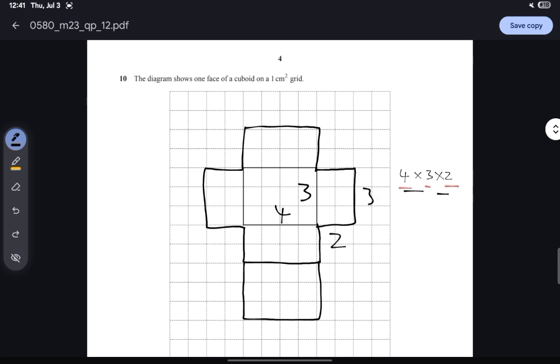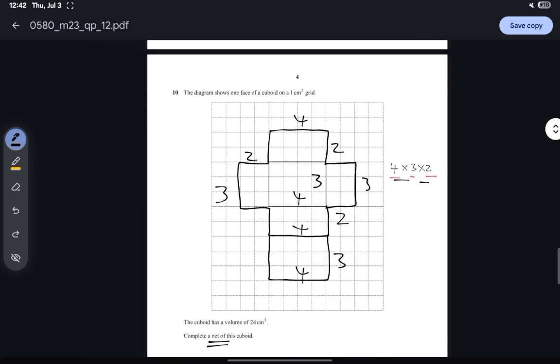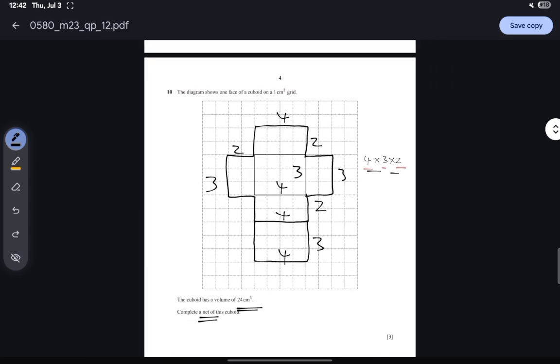So this will be 3, 2, this is 4, 3, 2, that's another 4, and a 3. If we fold this, we'll form a cuboid which is a volume of 24.